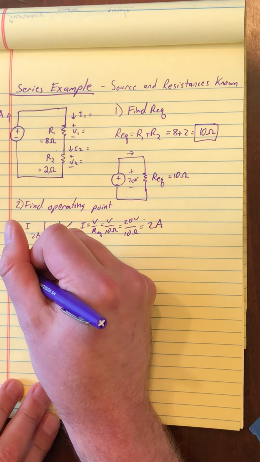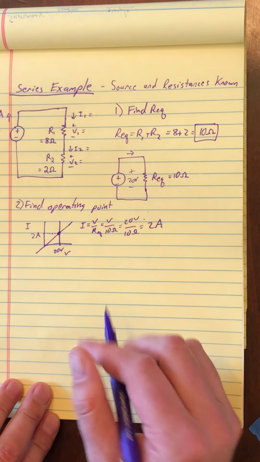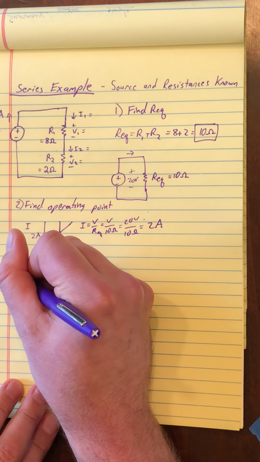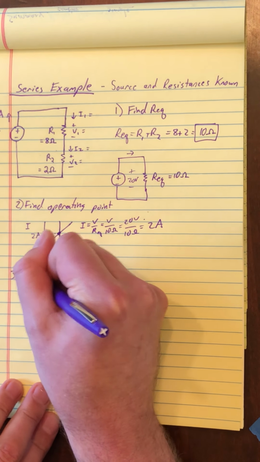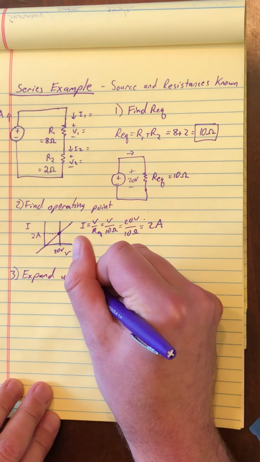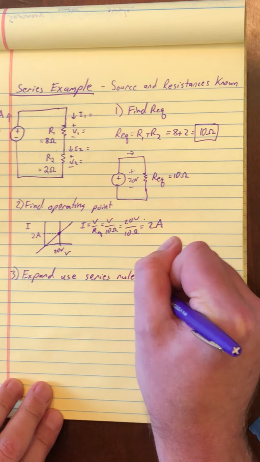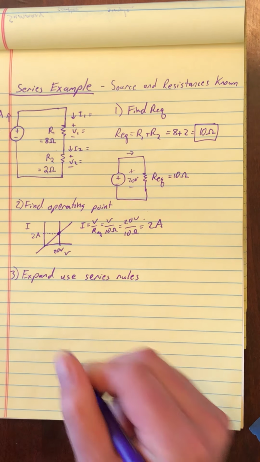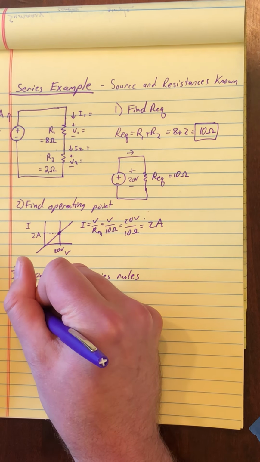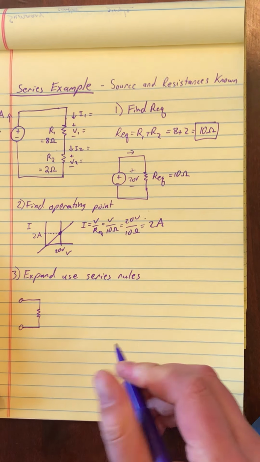Then the next thing that I'm going to do is I have my equivalent circuit, and I need to expand that back out. So for my third part is expand. And in this case, I'm going to use the series rules. And so I'm just going to break off the resistive or load portion of the circuit.